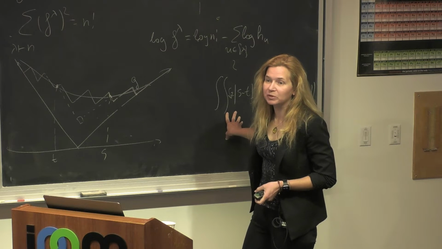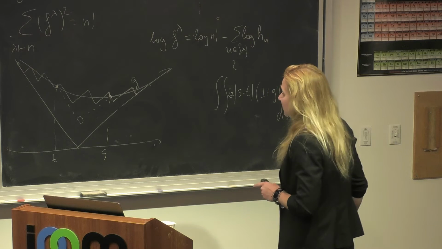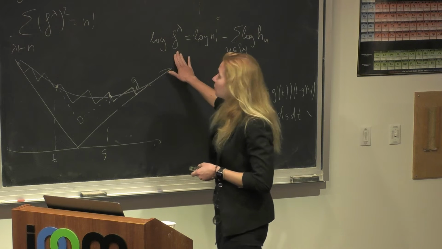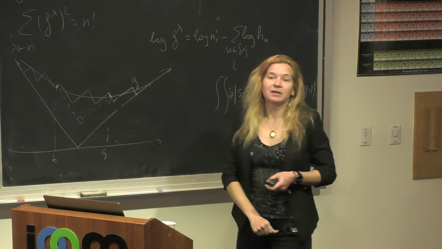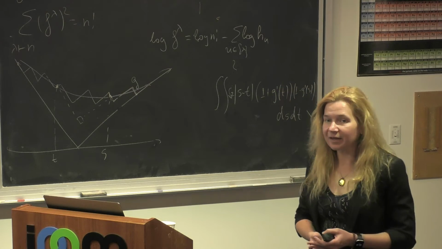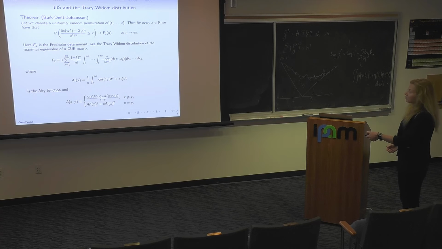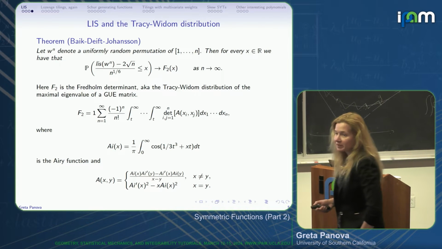They used a different formula, which comes from the Jacobi-Trudi identity, which Jean was asking me about. It's not the product formula, but a determinantal formula for f lambda. You have a determinant here, so there is a lot of analysis to be done. This is, of course, very technical, but it uses a different formula for f lambda.